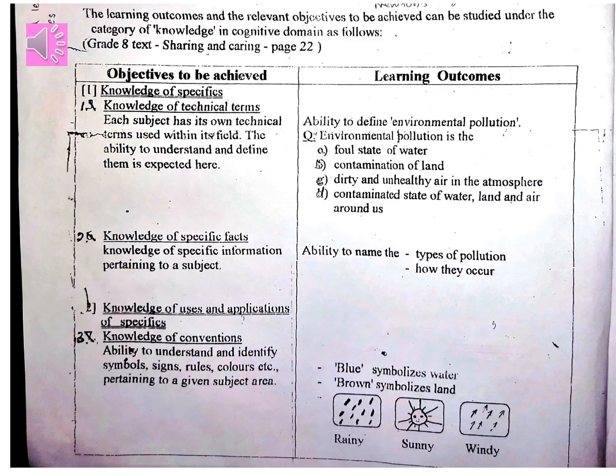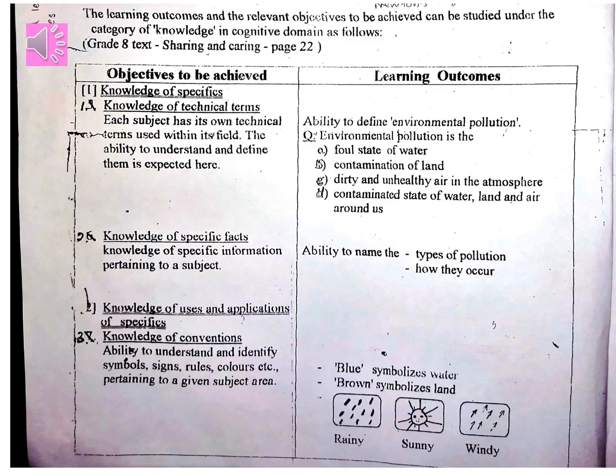Third one, knowledge of conventions. Conventions means what? Ability to understand and identify symbols, signs, rules, colors, etc. pertaining to a given subject area. Now here the learning outcomes, if the students can identify these symbols in geography or the environment, we can say that they know these conventions, right?